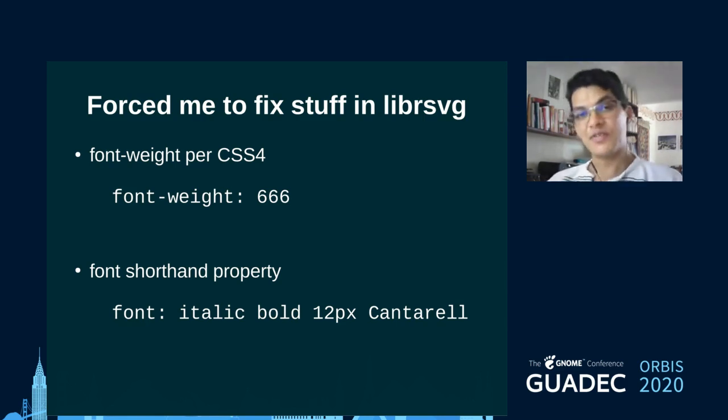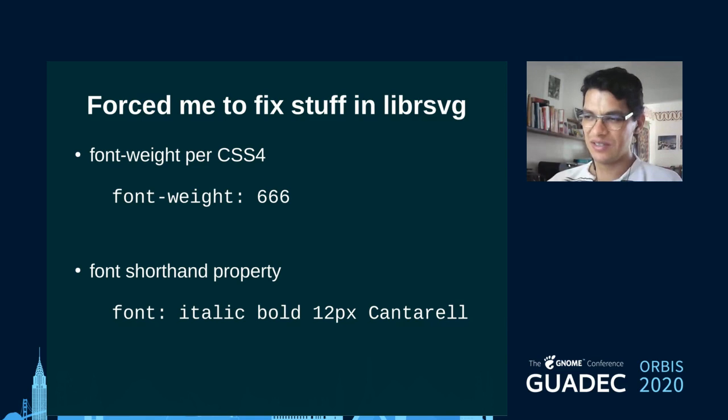And librsvg never supported that. I think it didn't because property shorthands cannot be used in attributes. So if you have a rectangle in SVG and then you write a font attribute, that doesn't work because it's a shorthand.